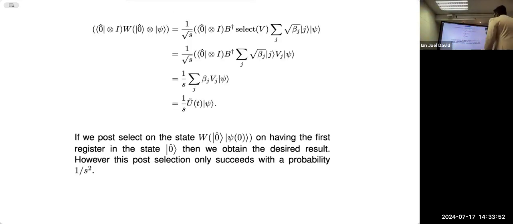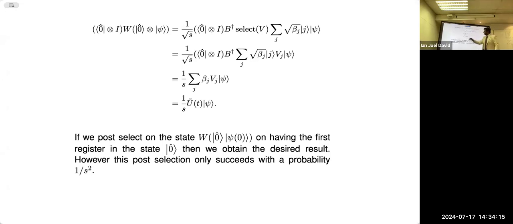And after you do a little bit of algebra, which you can follow here, it's not very complicated. All we're doing is we're applying the operation W to our initial register, and we are taking the inner product with the first register being in the state of all zeros. Once you do all of the algebra by applying each operation, you first apply B, then you apply select, then you apply B dagger.